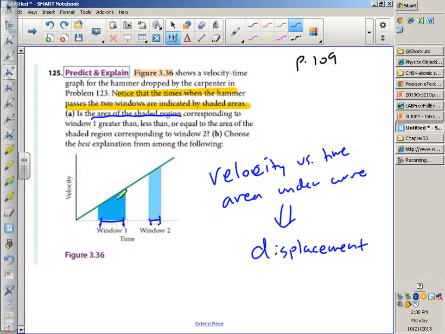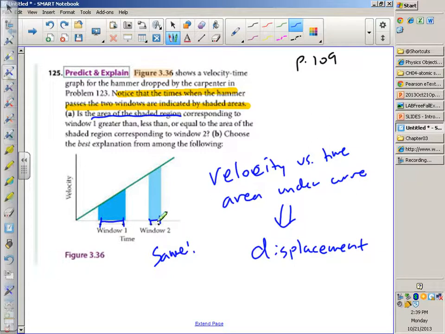But if we looked at the area of these shapes here, what should we see about those areas? They should be the same. Why? Because what did it tell you about those windows in the last problem? How big are they? They're the same size.